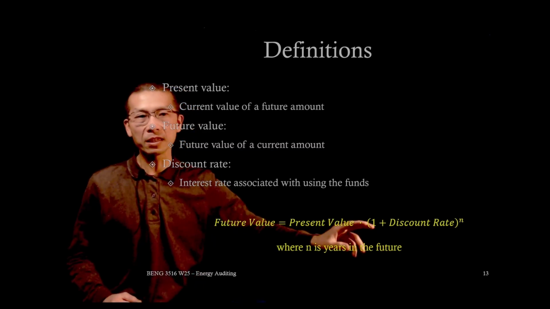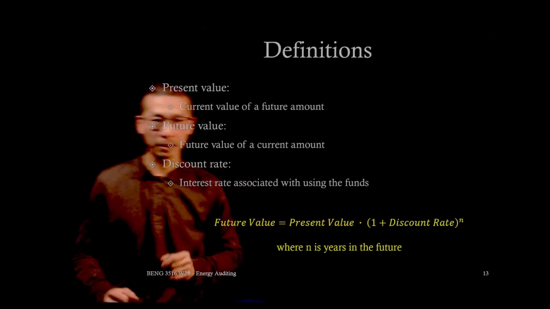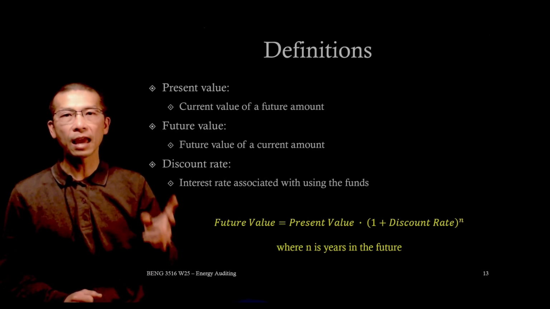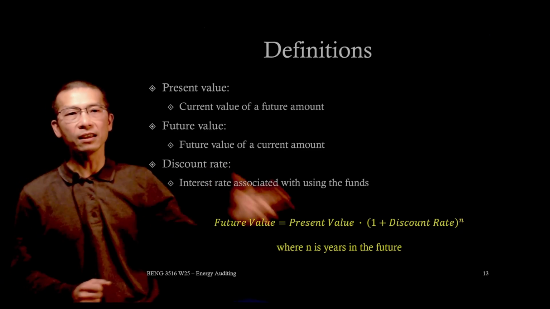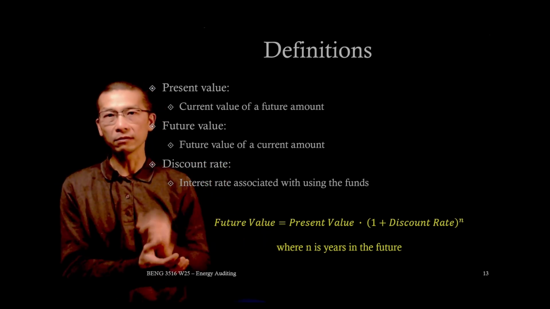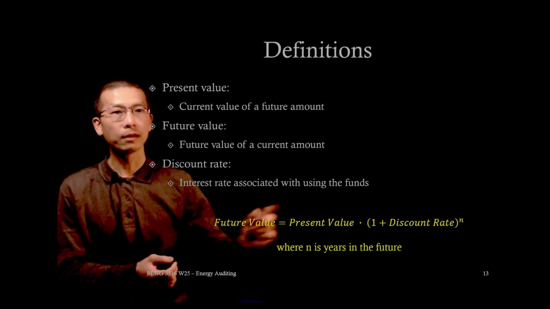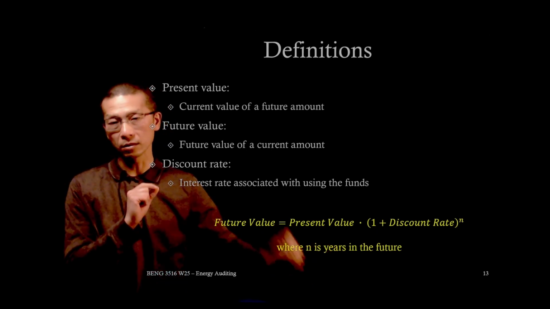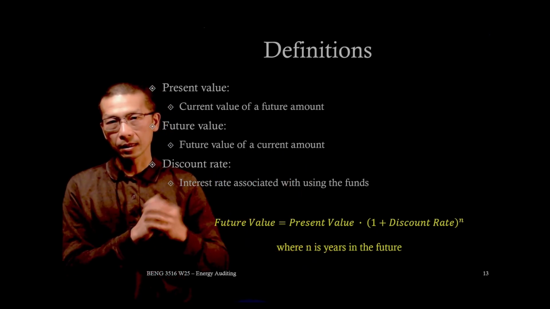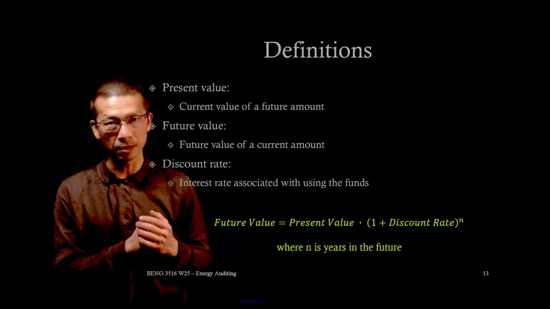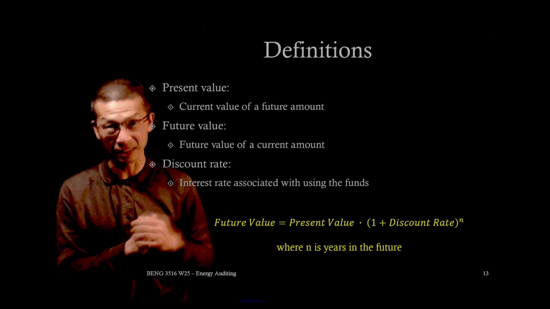If it's 1 year, n equals 1. If for 2 years, n equals 2. And this equation is saying, for example, if I have $1 today, that's the present value. If I put this $1 into the bank, that gives me interest of, say, 2 or 3%, and that's pretty good these days.